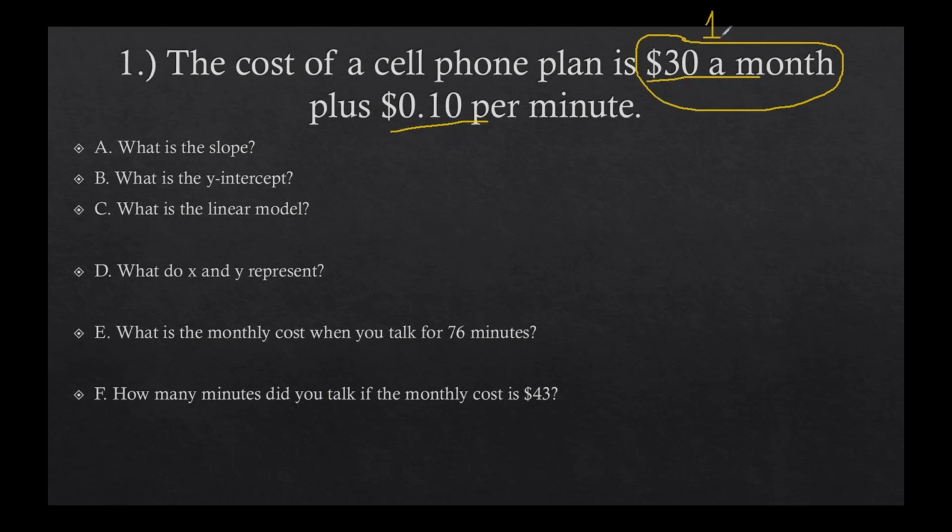So because this only happens once, my y-intercept, this is the answer to letter B, we know that the y-intercept is 30. It happens once. Even if I never pick up my cell phone, I never place a call, my bill is $30, right? So the ordered pair would be 0, 30. Because no matter what, even if nothing else happens, my bill is $30. Okay, what does that 10 cents per minute represent?